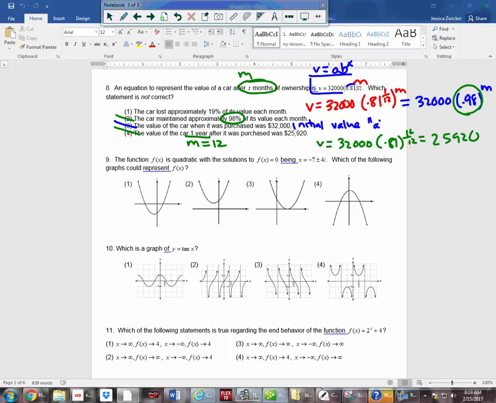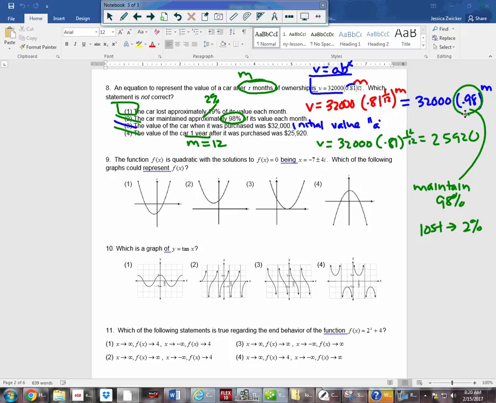So that works. Choice 1 is the answer. If I maintained 98% of my value, how much did I lose? It would have been 2% because 1 minus 98 is 2. So this should have said 2% each month.